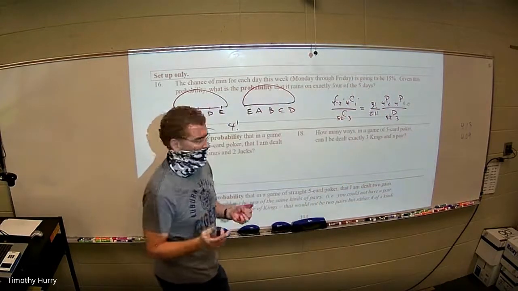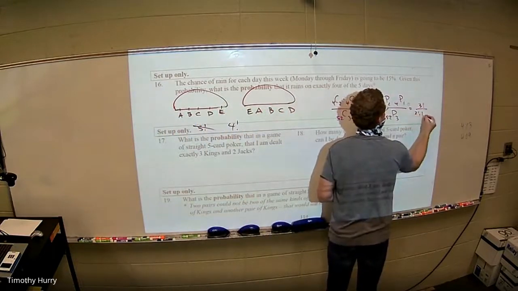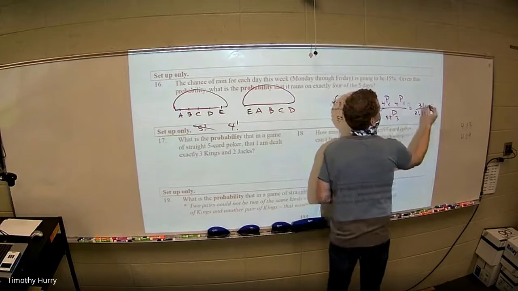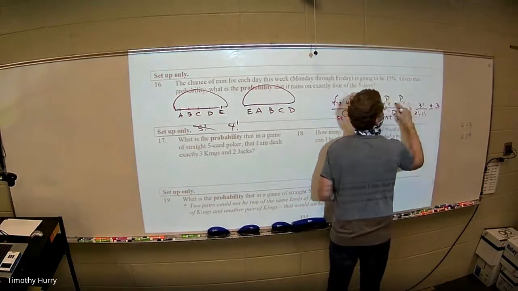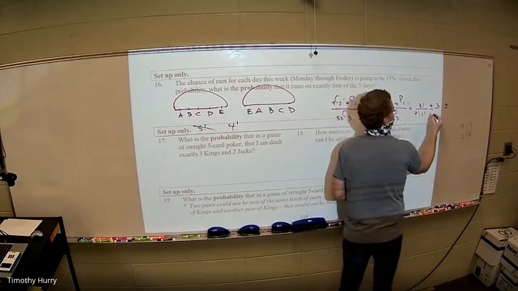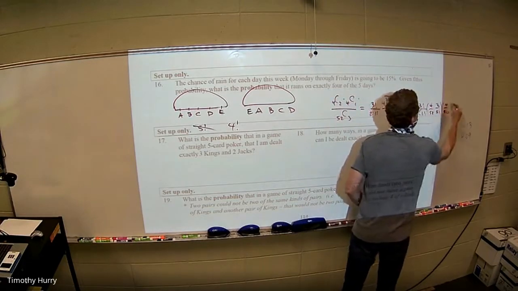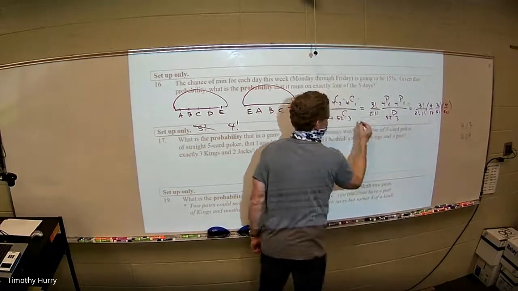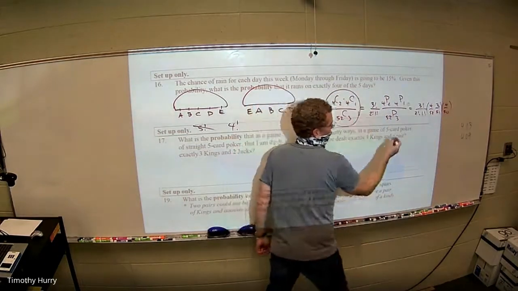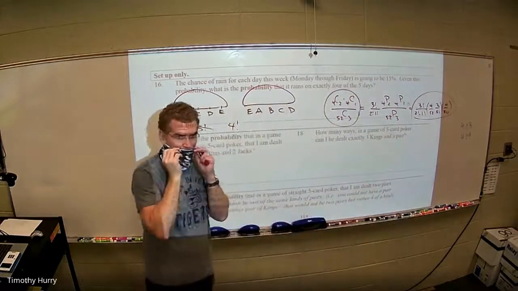They just are. And if I simplify this even more, 4P2 is 4 times 3. 4P1 is 4, and 52P3 is 52, 51, 50. And that's one way to write it. That's another way to write it. I rarely would ever write it like this, but you could, I guess.